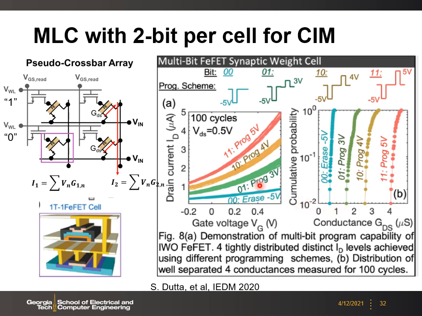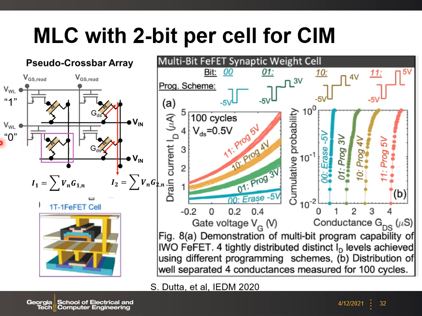Here, I'd like to point out that to enable the computing memory, we need to use this pseudo-crossbar array architecture, where a regular transistor is used as a selector to control the gate of the FeFET. The reason is that we need to cut off the current if the input data represents 0.